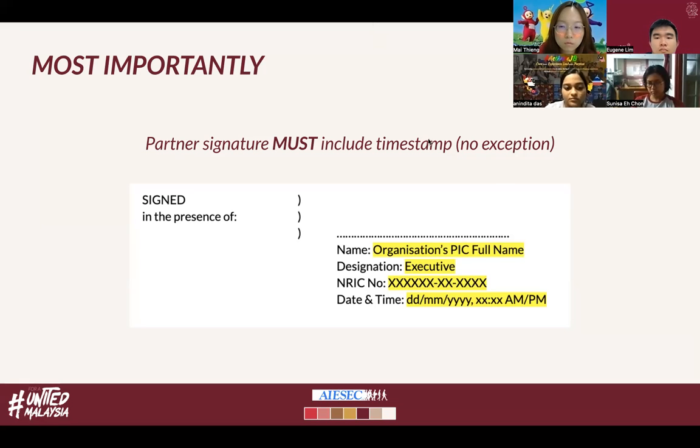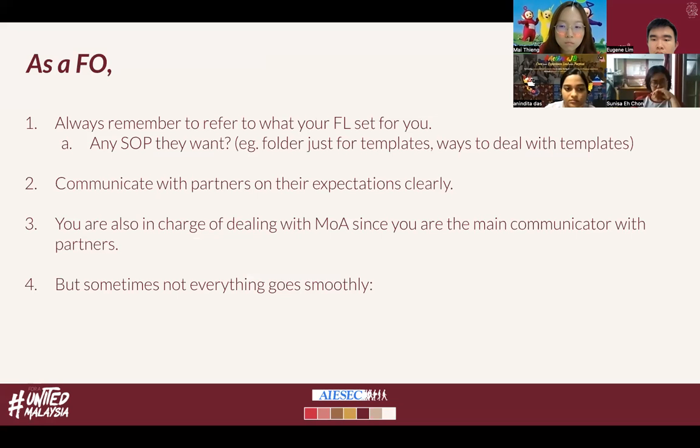Yes. Next, I will talk a bit more about what's next after writing the MOA. As part of this, you should always remember to refer to what the FL said for you. If FL has any SOPs that they gave you, then you should follow them exactly, since the MOA is plugged under FL, and they should have their own procedure that they want you to follow.